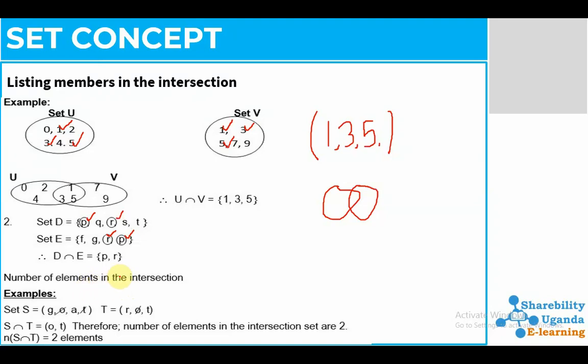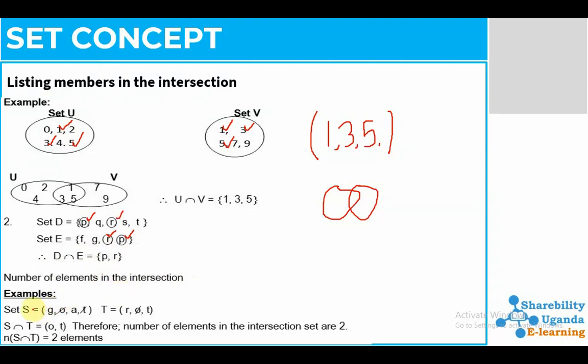If you are asked how many members are in the intersection, that is, in common, that's what they mean here. So let's look at how they find that.